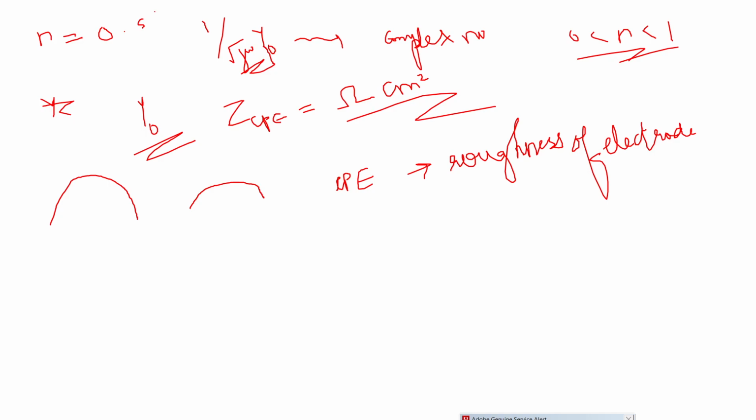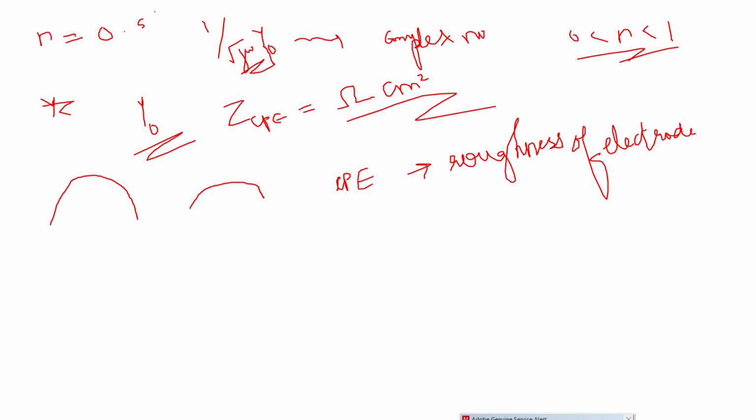When you repeat the experiment over a period of time, you will understand how you are doing it. When you are over-smoothing it, the behavior will be different. If it is very rough, the behavior will be different. So each time with the same electrode and the same electrolyte concentration, you may still get a different value. That can be because of the difference in the roughness of the electrode. So roughness of the electrode plays an important role in the impedance values you get.